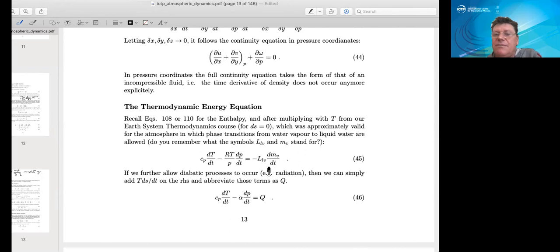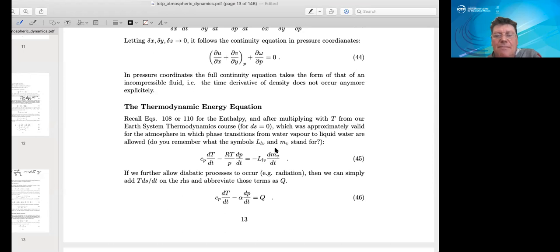Remember this term from your atmospheric physics course? So what is this L standing for? Can someone make a guess? It is the latent heat of condensation.